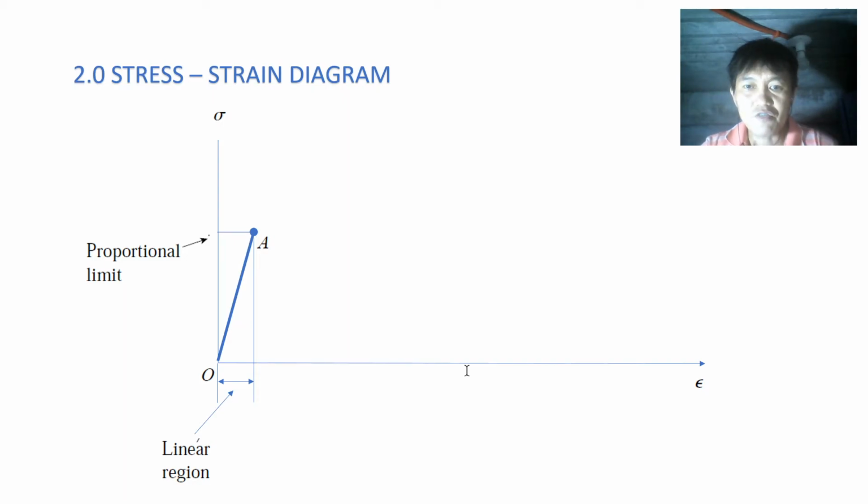With an increase in stress beyond the proportional limit, the strain begins to increase more rapidly for each increment in stress.